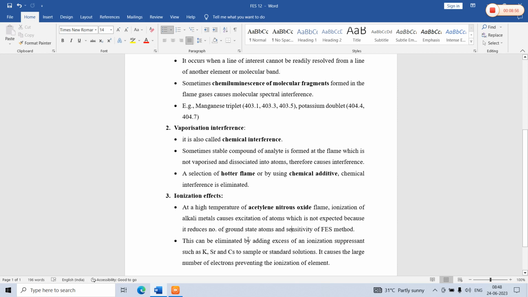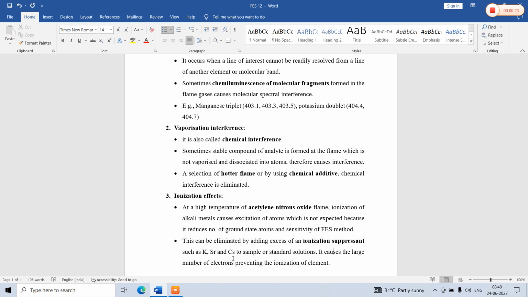The ionization effect can be eliminated by adding an excess of an ionization suppressant. Which type of ionization suppressant is added? An ionization suppressant is a substance which gives a large number of electrons in the analysis.